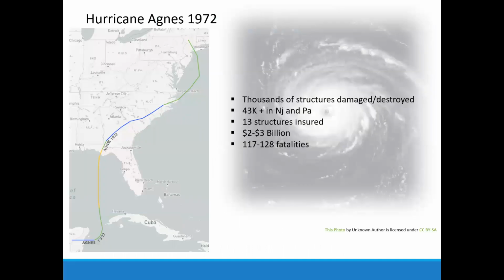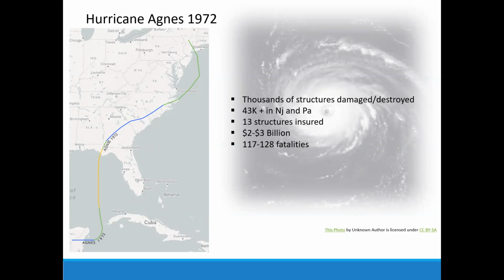I just wanted to talk about Hurricane Agnes really quick. The hurricane came up on the west side of Cuba, came up through Florida, which is where it made landfall, and then it passed through our southeastern states. Then it went back out into the ocean and made landfall again up north in New Jersey and Pennsylvania. Between the second landfall, it damaged 43,000 homes or so.